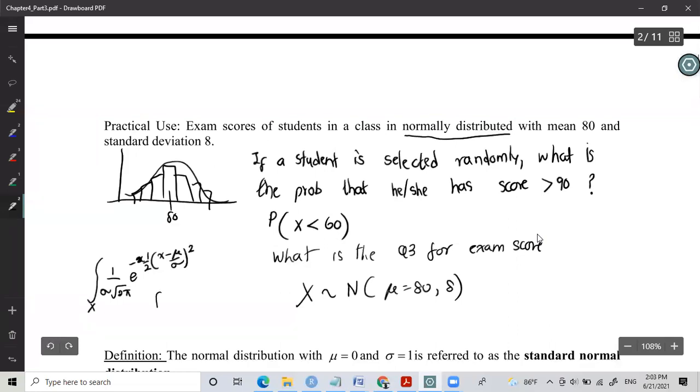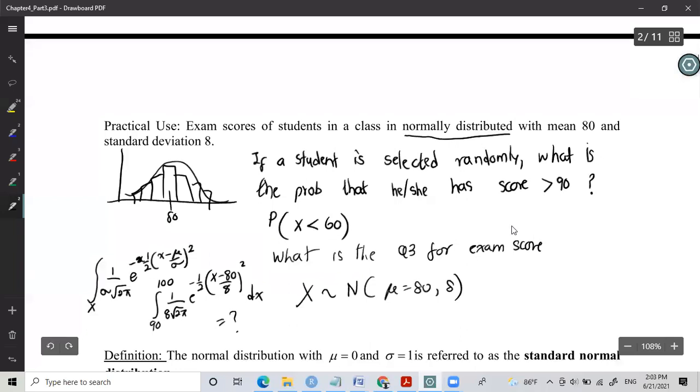In our case, you have to integrate from 90 to the maximum exam score, 100. Sigma is 8, square root of 2 pi, e to the negative 1/2 times (x minus 80) over 8 squared, dx. Now you have to do this.